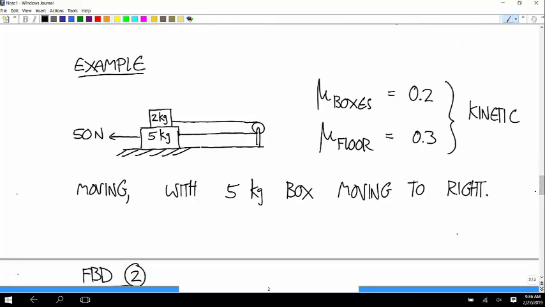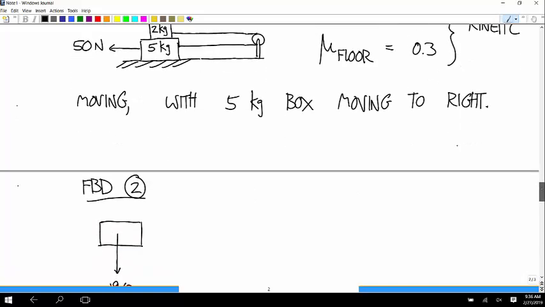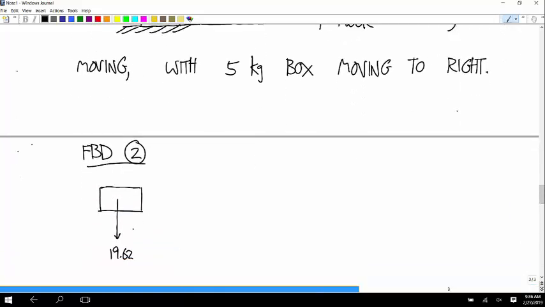And now at the bottom of the 2 kilogram box, it makes contact with the 5. There's a pushing contact, so that's perpendicular to the surface toward the chosen body, and I'll call that N1.